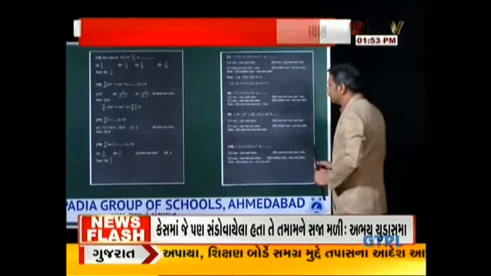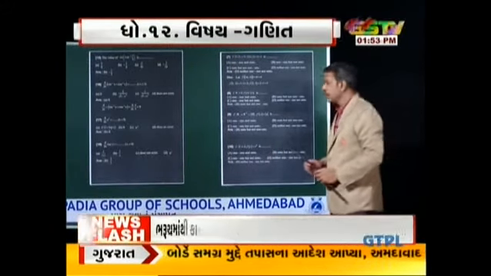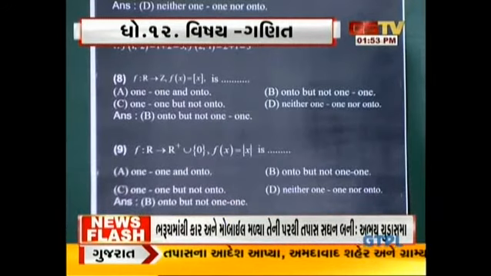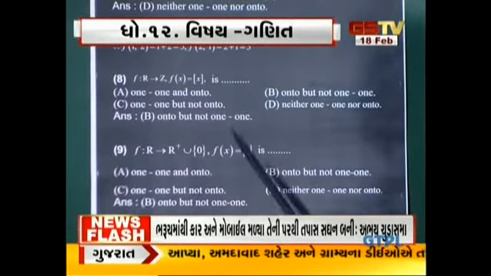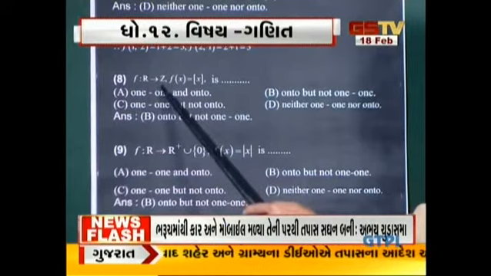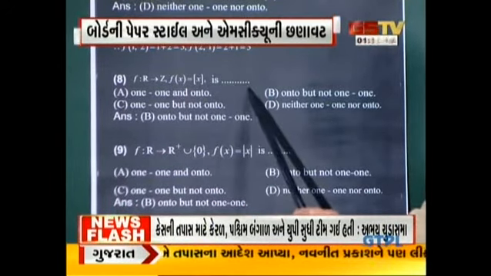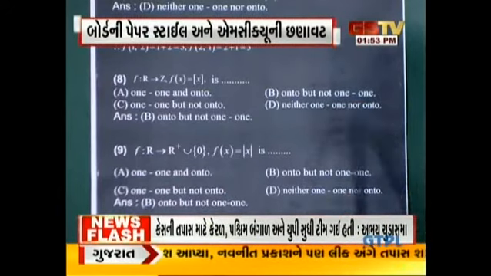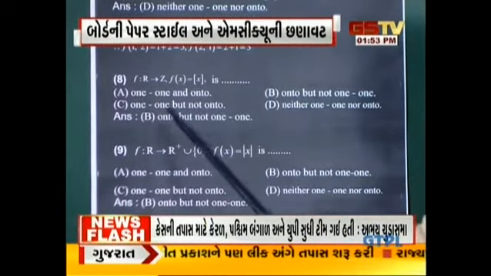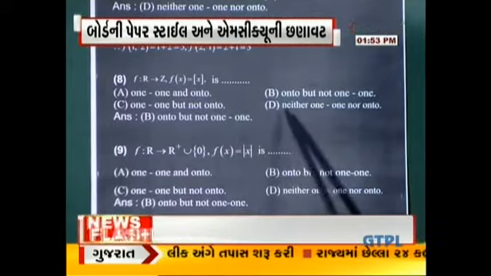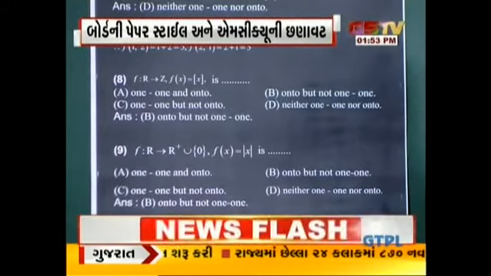Next question, students, it is also an important question, for the integer part function. If f from R to Z, f of x is equal to bracket x, is it 1-1 onto, not 1-1 onto, 1-1 but not onto, or neither 1-1 nor onto?